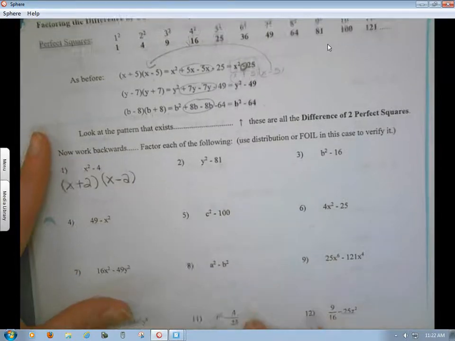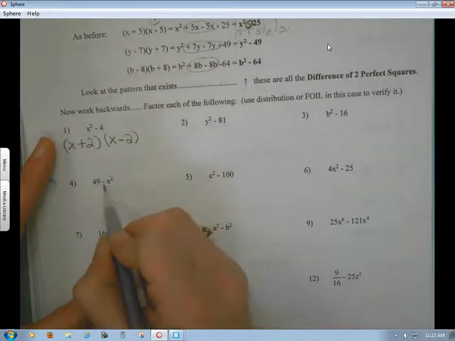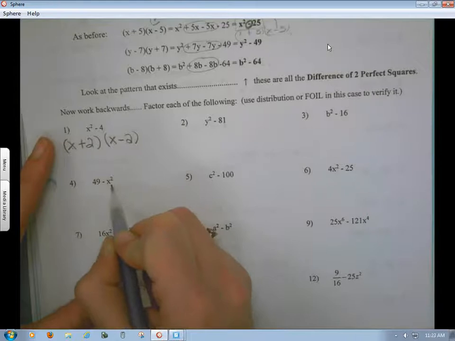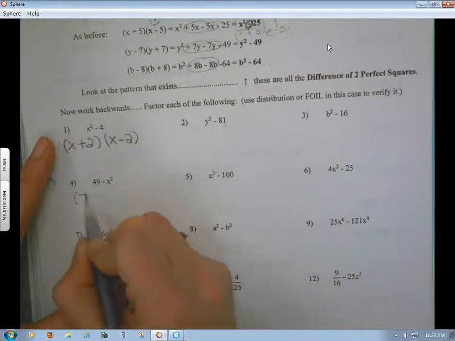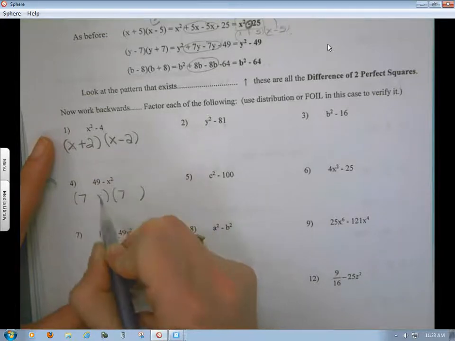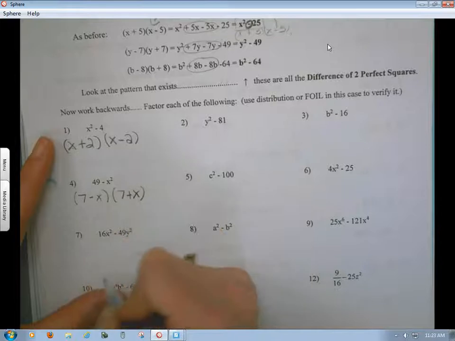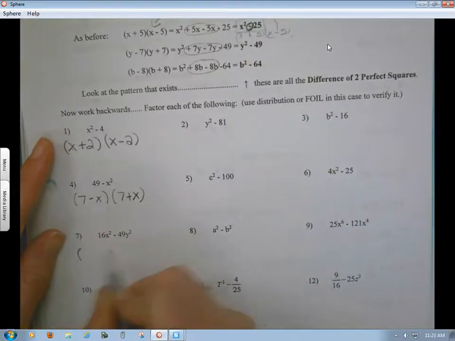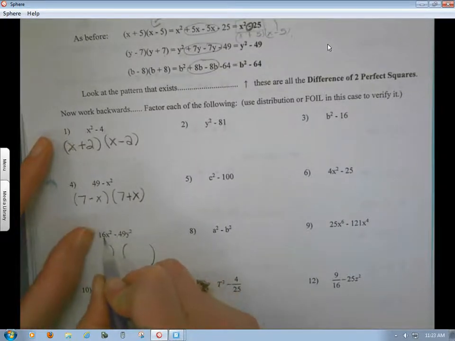Okay, the next one, it's a difference. Two perfect squares. 49 is really 7 times 7. x squared is really x times x. And then different signs. Okay, the next one. I have a difference. 16 is a perfect square, and x squared is a perfect square.